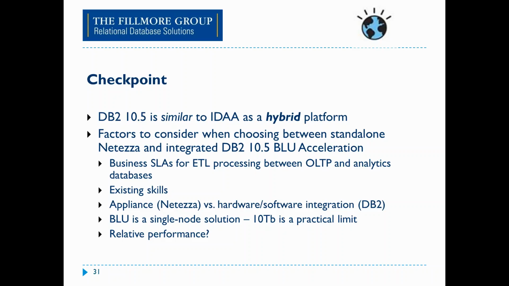Look at your existing skill sets, look at the benefits of an appliance versus the hardware-software integration that you're going to need to perform. And then finally, BLU is currently a single node solution. It doesn't have a data partitioning feature at this point. So there is a 10 terabyte practical limit for a database, 10 terabytes of raw data compressed down to 1 terabyte of compressed data.